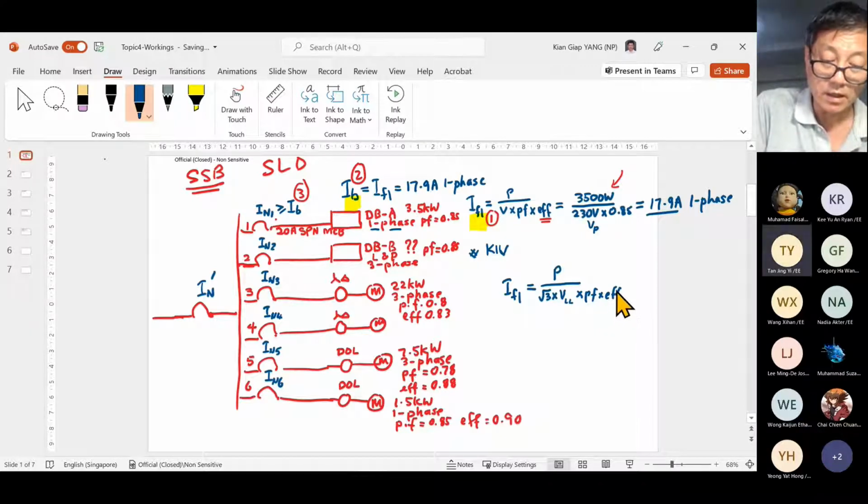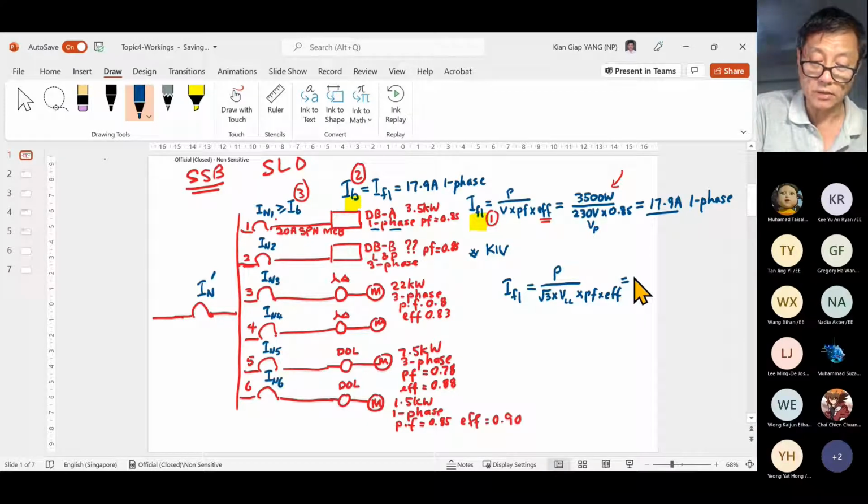So as I said earlier on, please always write the formula out first. You write the formula out in case you make a mistake in your calculation, so at least you get some marks for your formula.